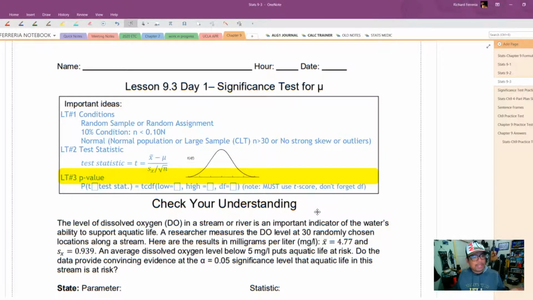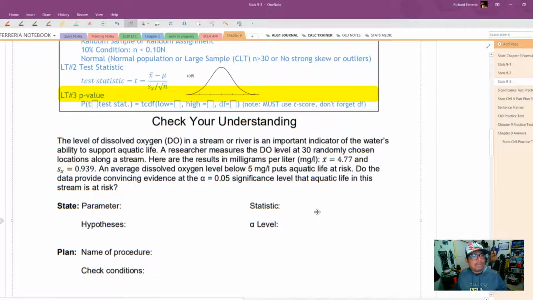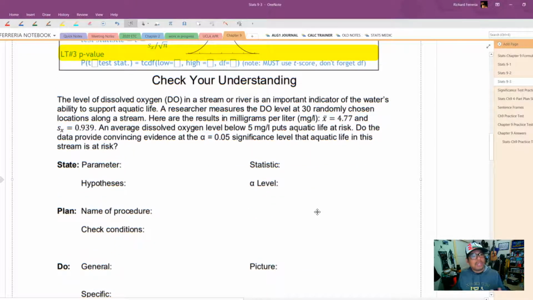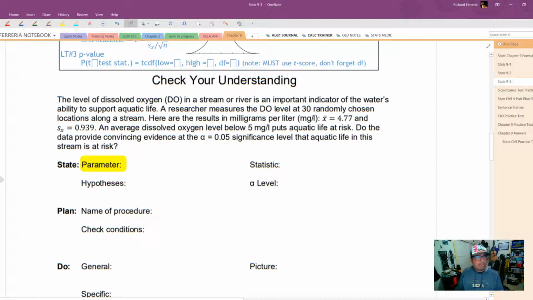Okay, this brings us to check your understanding. The level of dissolved oxygen, DO, in a stream or river is an important indicator of the water's ability to support aquatic life. A researcher measures the DO level at 30 randomly chosen locations along the stream, and here are the results in milligrams per liter. x bar is 4.77 and sx equals 0.939.